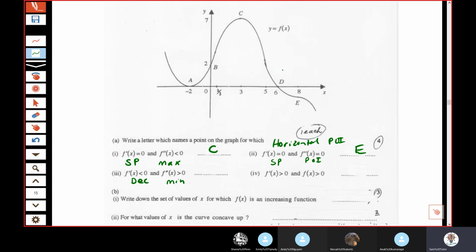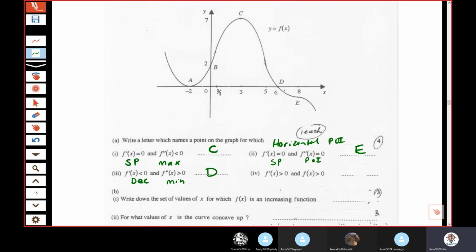Most students went for A. It's incorrect because that is a minimum and it's stationary, not decreasing. Right there, that is a minimum, and it is decreasing still. It's D. Did you get that out? No, A.